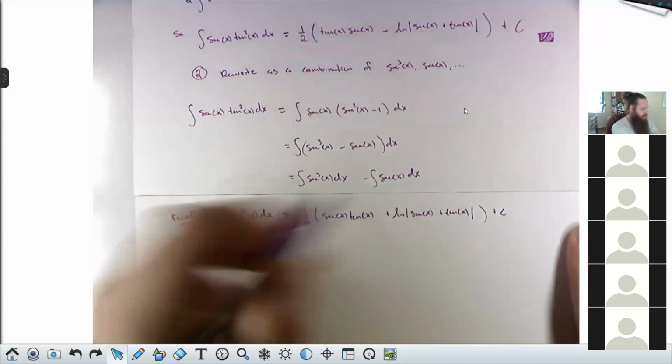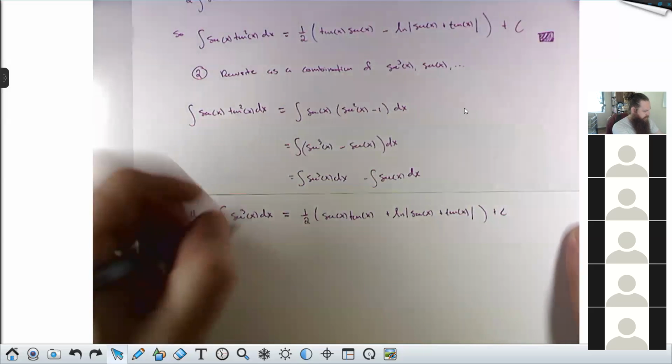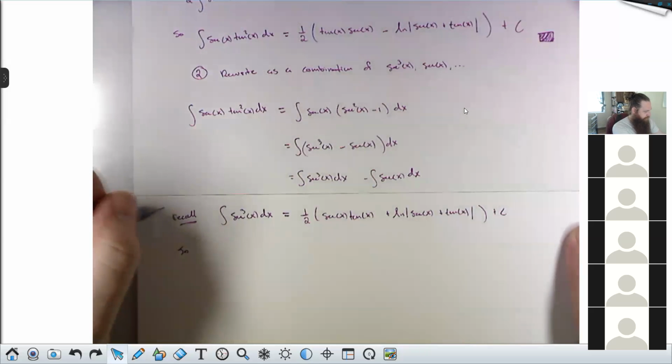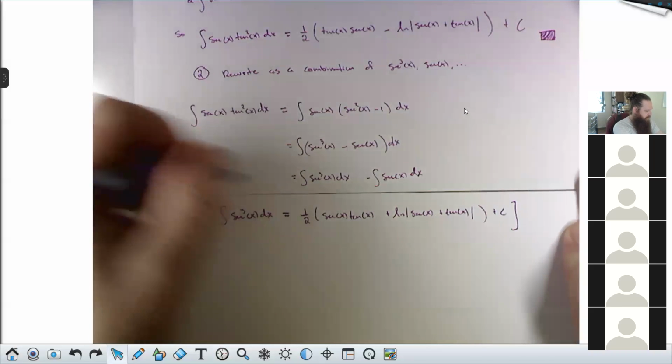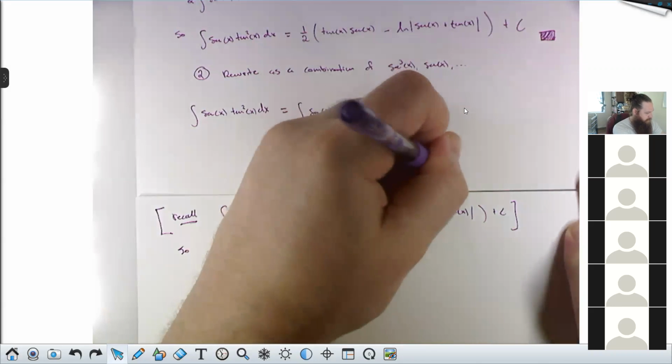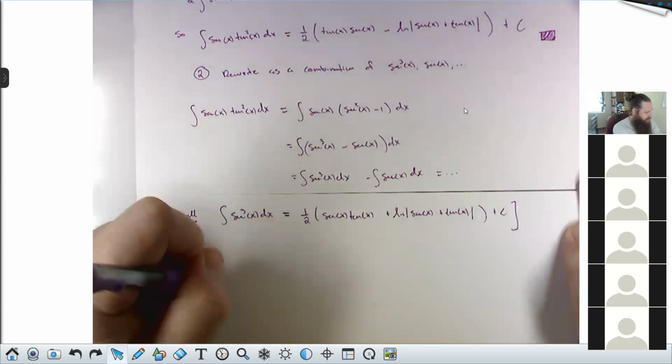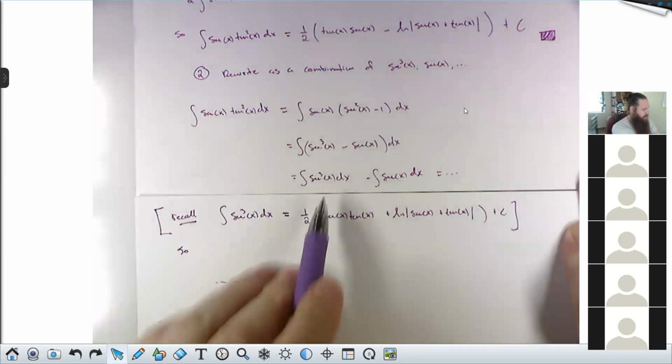So plugging into this line would give us the dot dot dot thing. The integral of secant cubed is this.